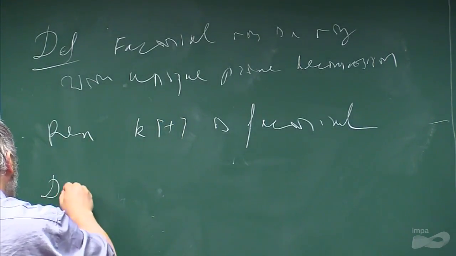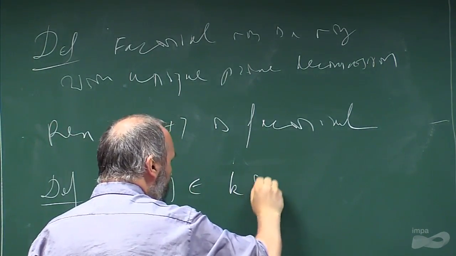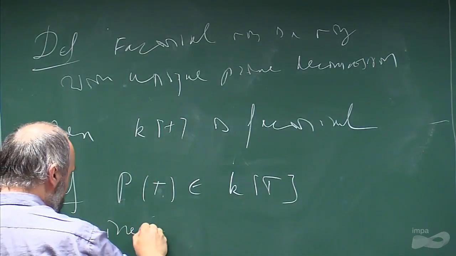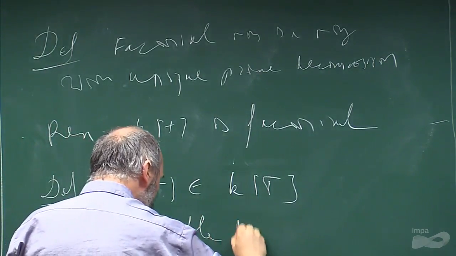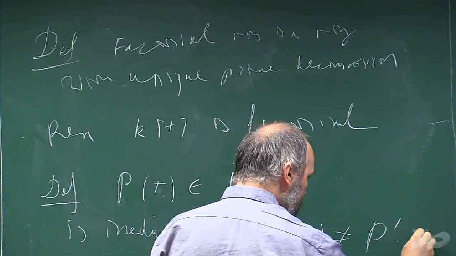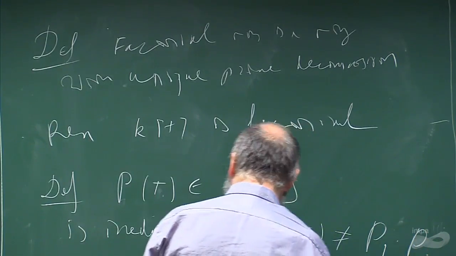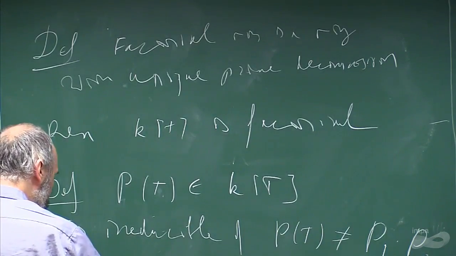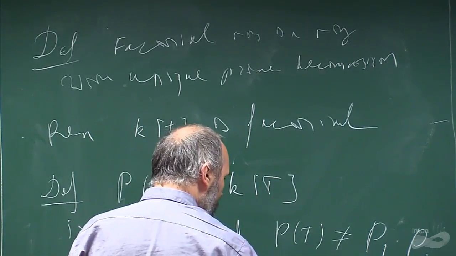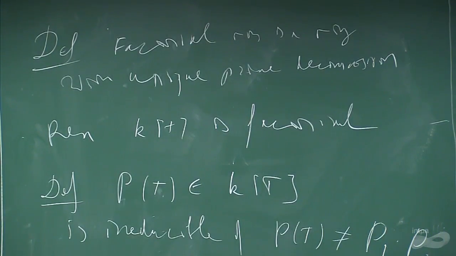Okay, so definition: a polynomial P of t is irreducible if it is prime in that sense. Reducible if P of t is a product of P1 times P2, where the degrees of P1 and P2 are less than the degree of P. This means that you can decompose it into polynomials of smaller degree.